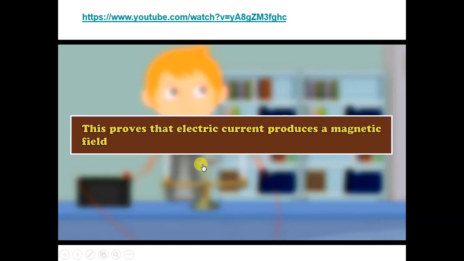So this is the experiment that we talked about in section 2, that an electric current produces a magnetic field. So let's see now Faraday, the one who came to Oersted, what he will do after watching this experiment.